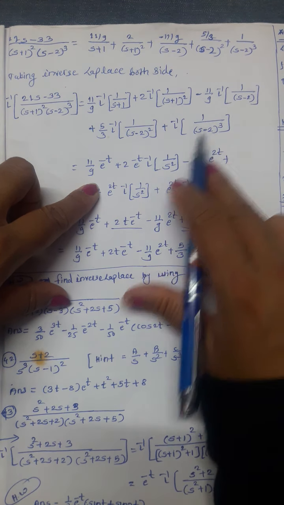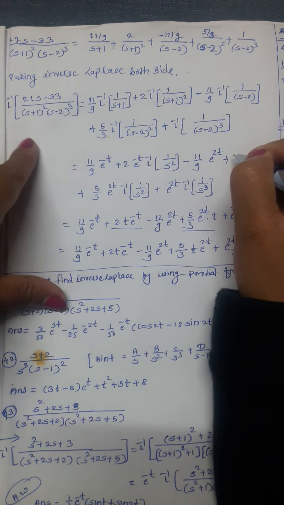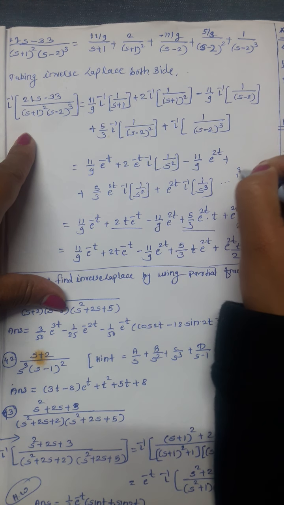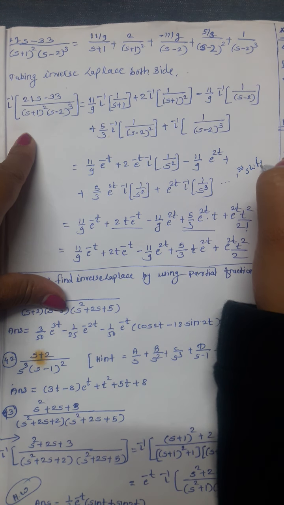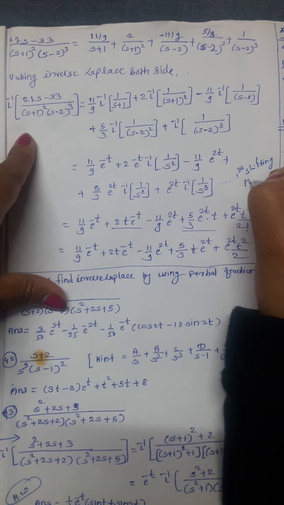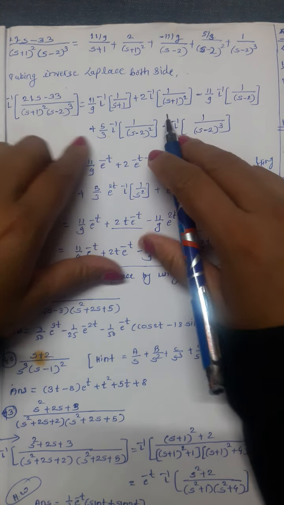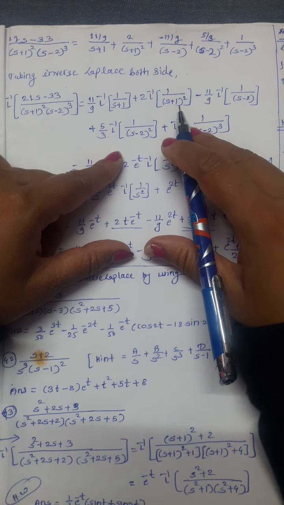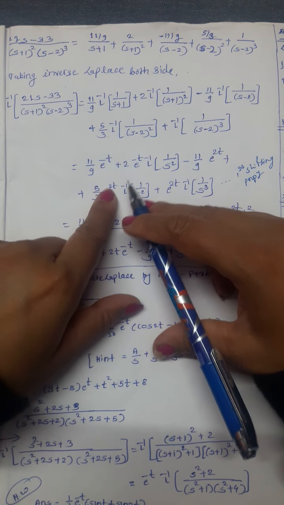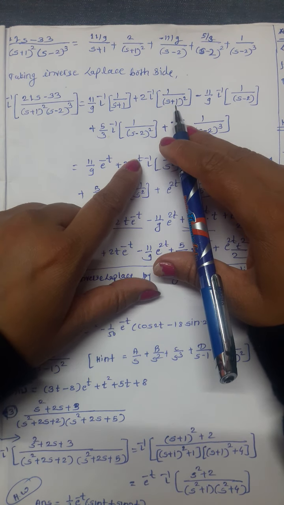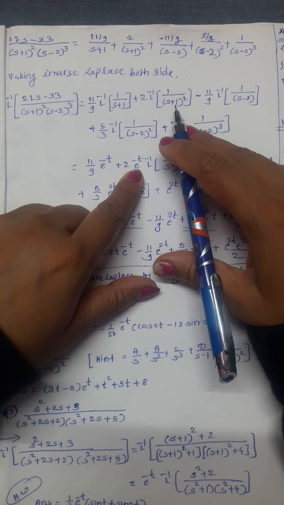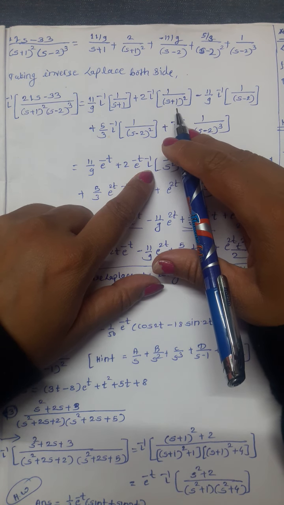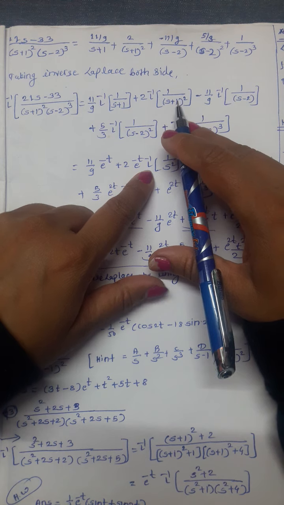For this inverse we have to use the first shifting property: wherever s plus or s minus a number is there, you can take that number outside as an exponential. Here e raised to minus t goes outside and the rest of the terms stay as they are, L inverse of 1 upon, you delete this plus 1 only.